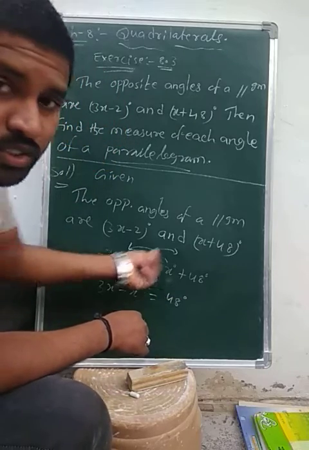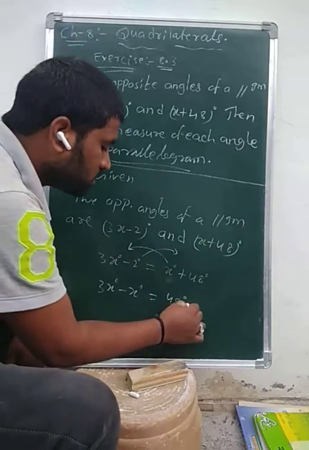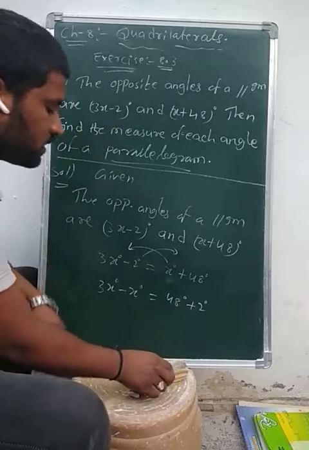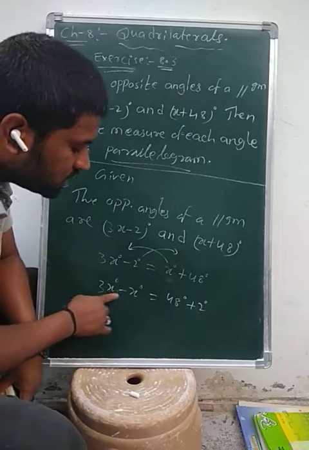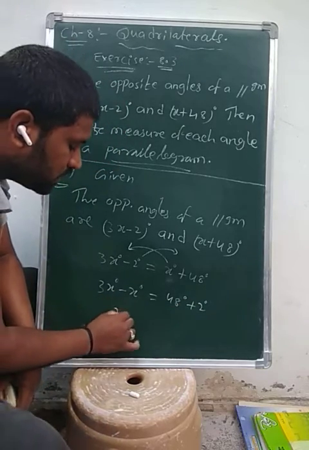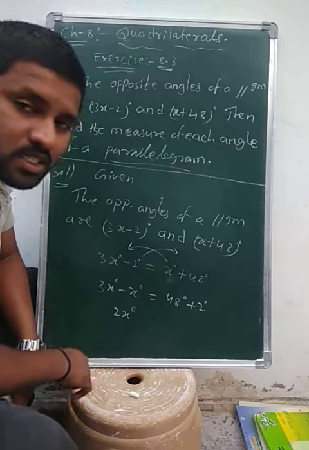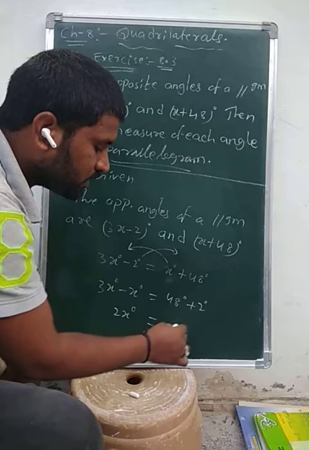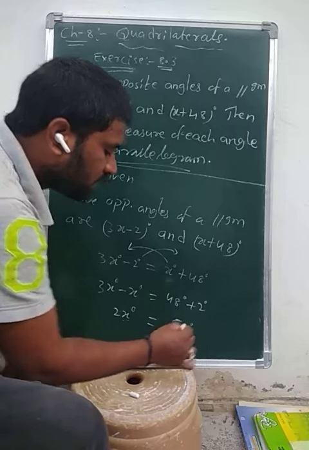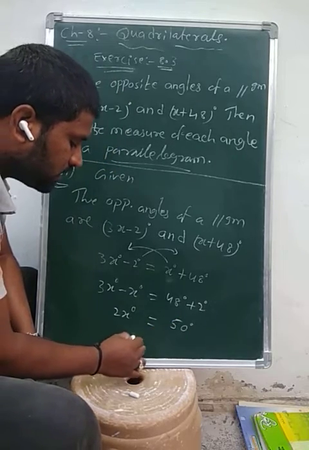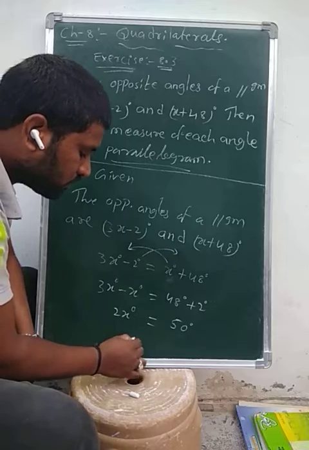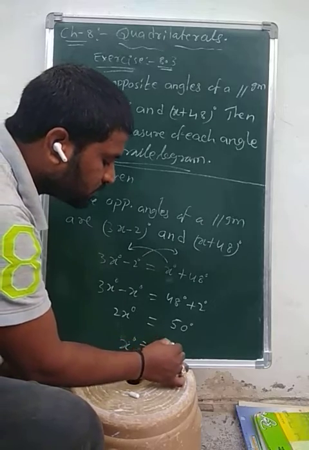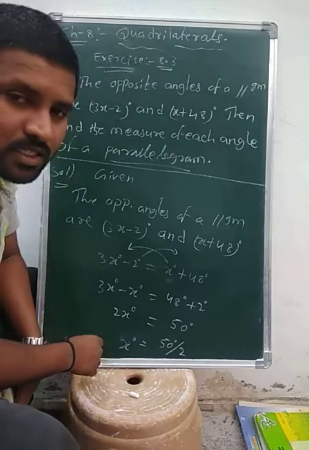Minus 2 transposing to the RHS becomes plus 2 degrees. Then 3x degrees minus x degrees is 2x degrees, and 48 degrees plus 2 degrees is 50 degrees. Then x degrees is equal to 50 degrees by 2.